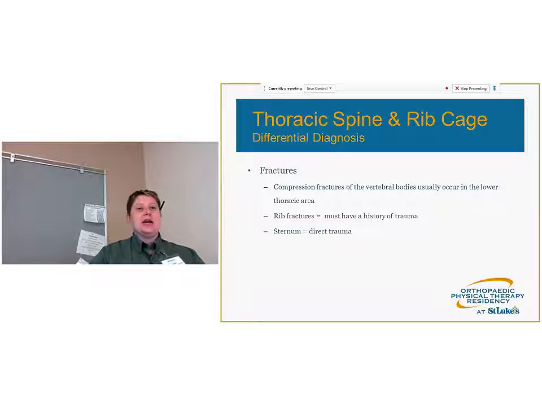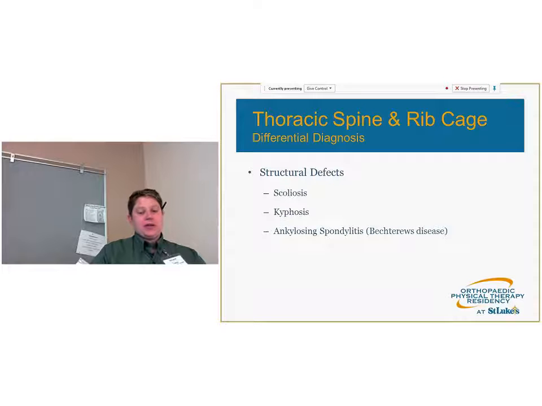The only time that you'll really experience a rib fracture without trauma is if somebody has some type of bone weakening disease such as osteoporosis and they have a strong cough or something of that nature. And the sternum, you want to rule out any fractures there, and again, direct trauma. So football players, especially in high school and adolescence when bone maturity is still growing, or in little league.